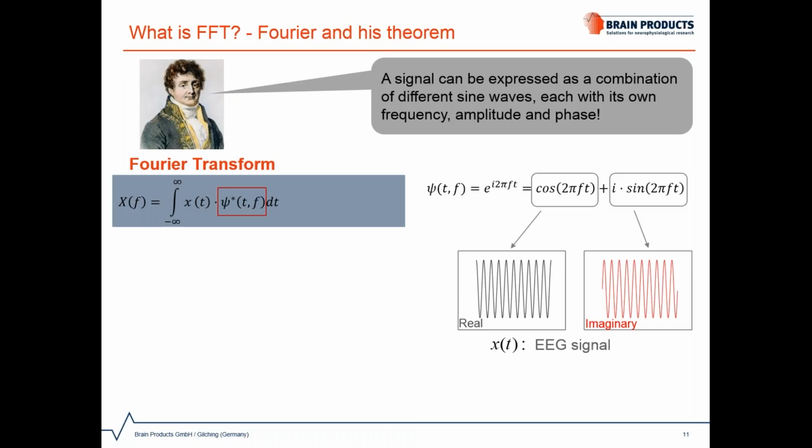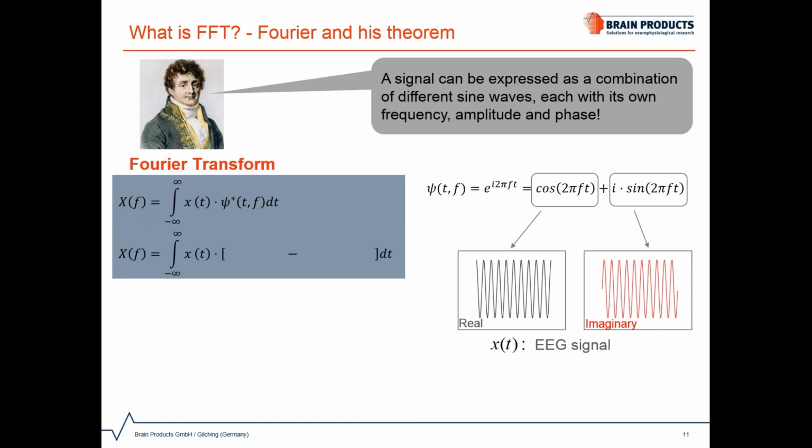This basis function, denoted by the symbol psi, is represented by a complex exponential function, that is, the cosine function representing the real part and the sine function representing the imaginary part. So, substituting this equation for psi, we will get the following expression. And conjugating psi results in replacing the plus sign with a minus sign.